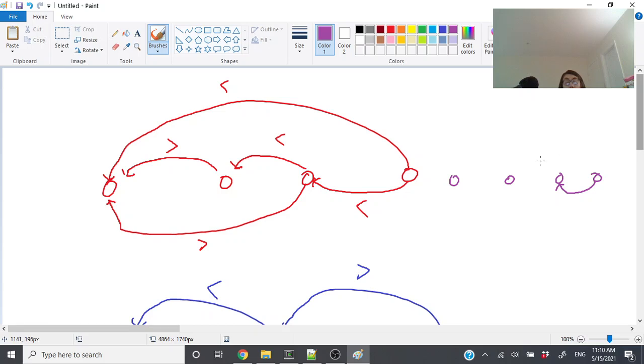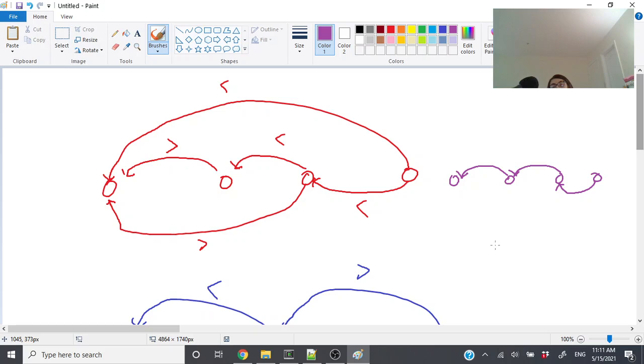So for example, here, and then here, oh, and then here. That does basically do it. Yeah, that tells us everything. That is enough. We don't really need the other edges.